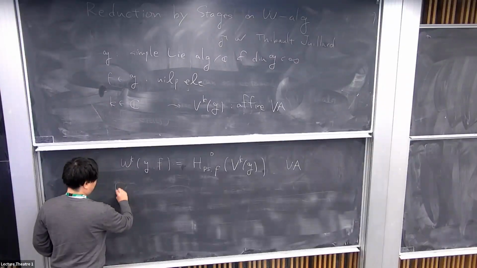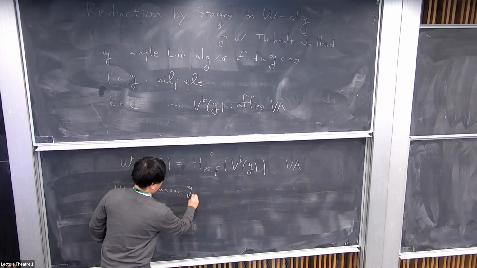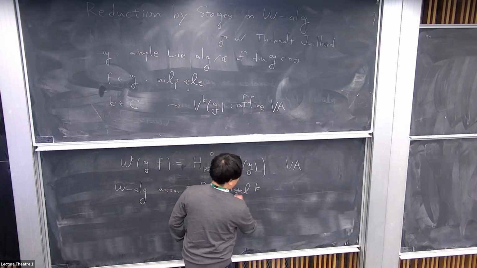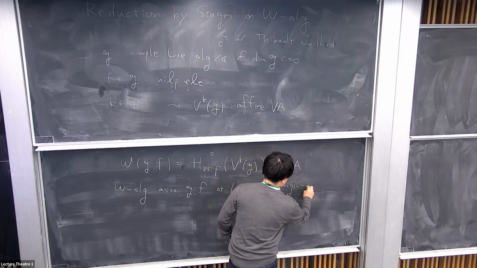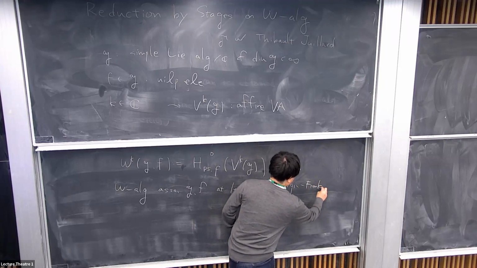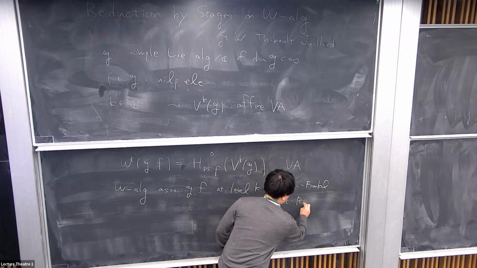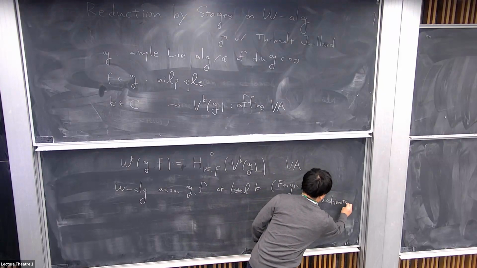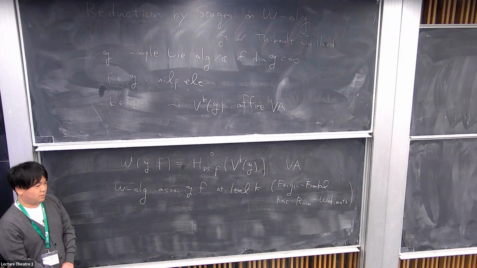This is a vertex algebra called the W-algebra associated to G and F at level K. It was originally introduced by Feigin-Frenkel, and later generalized by Kac and Wakimoto, by generalizing the definition of Drinfeld-Sokolov reduction, associated to a choice of nilpotent element F.